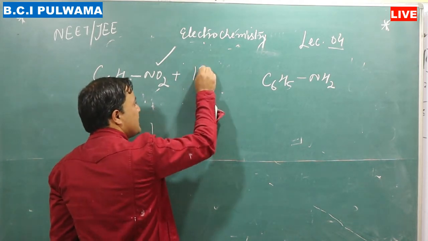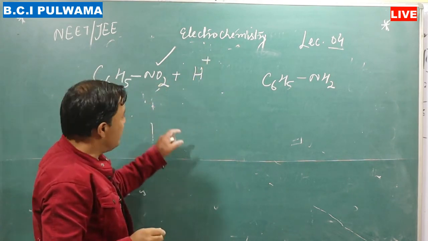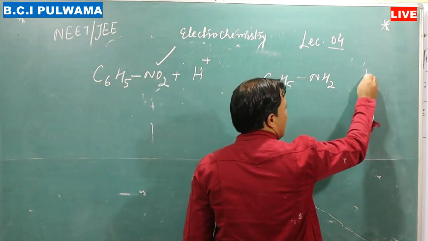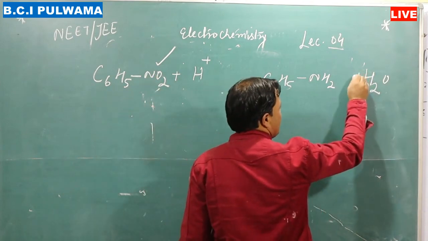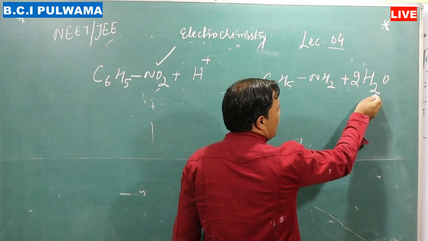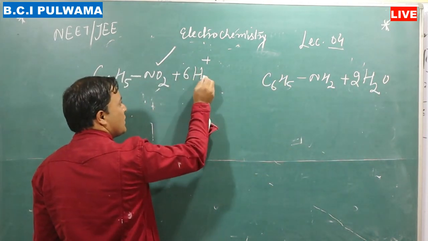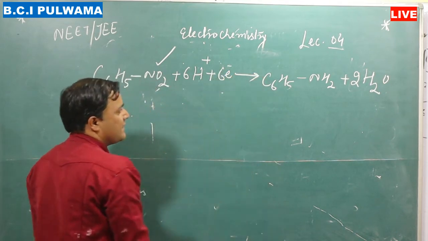H positive ions will combine with oxygen atoms in presence of electrons, and then they are converted into H2O. There are 2 oxygen atoms, so we get 2 water molecules, and then 4 hydrogen. 4 plus 2 is 6 hydrogen. Therefore, we require 6 H positive in presence of 6 electrons.